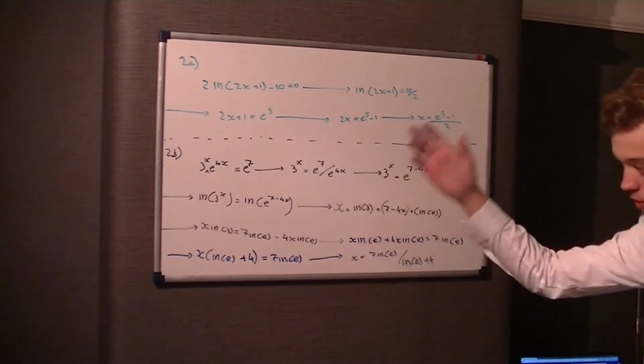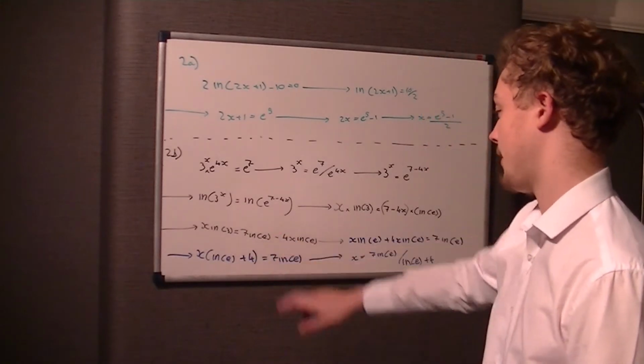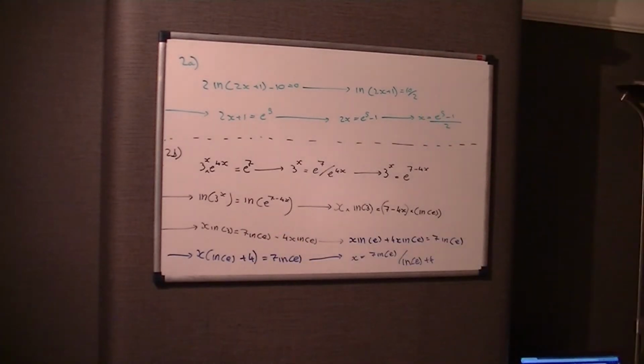And you could argue that x is times 5, 7 ln of e. But then you might as well say 5x equals 7, and then x equals 7 over 5, which I guess you could say, but that's not an exact form, even though it's not a decimal.